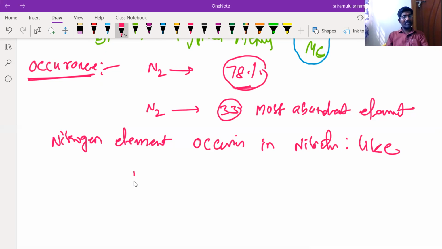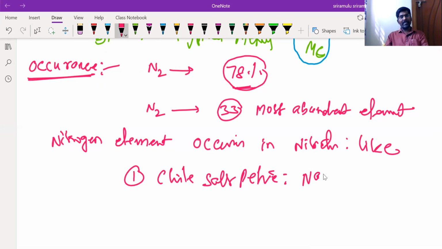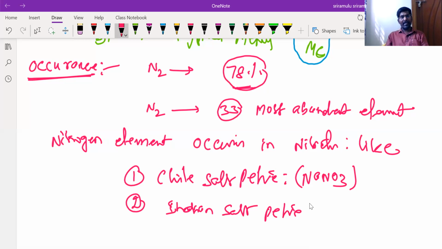The first one is Chile saltpetre, that is the NaNO3 compound, okay. And the second one is Indian saltpetre, that is the KNO3 compound, the potassium nitrate compound.